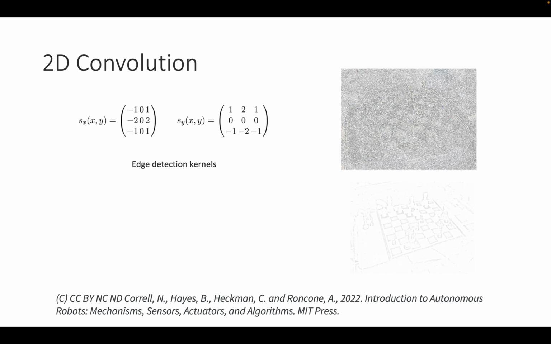Now that we did this, there is one very interesting convolution operation, which is edge detection, which uses the so-called Sobel kernels, and those have zeros here in the middle and minus to the left and plus to the right for vertical edges, and the same for horizontal edges just turned by 90 degrees. Now, how does this work?